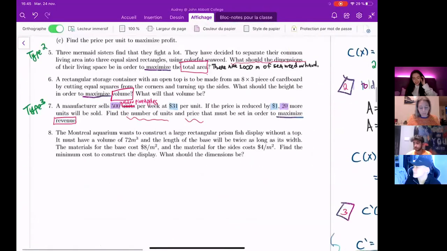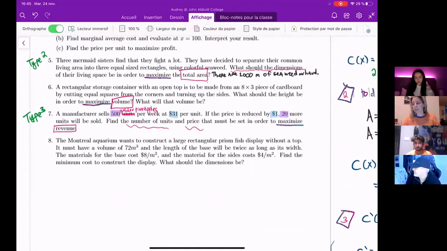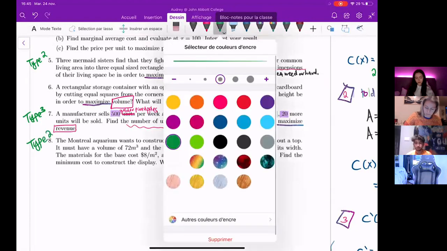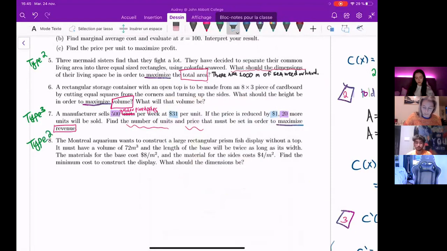So that means we're gonna do number 8, and number 8 is not the easiest of type 2 questions, so I do think it's a really good one for us to do together. Let me know when you have read number 8. Tell me in the chat when you read it.